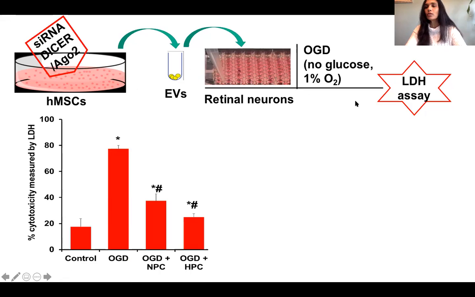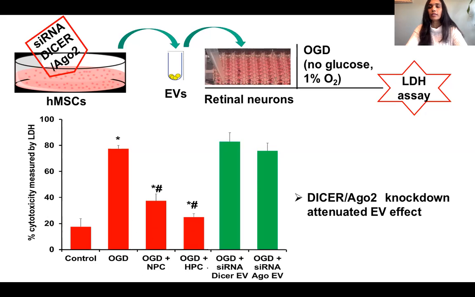Our result was very interesting. When we used normoxic preconditioned EVs and hypoxic preconditioned EVs, as I have shown before, the cytotoxicity was decreased, normoxic versus hypoxic, as we expected. But when we added the dicer and ago2 knockout EVs, the protection was abolished.